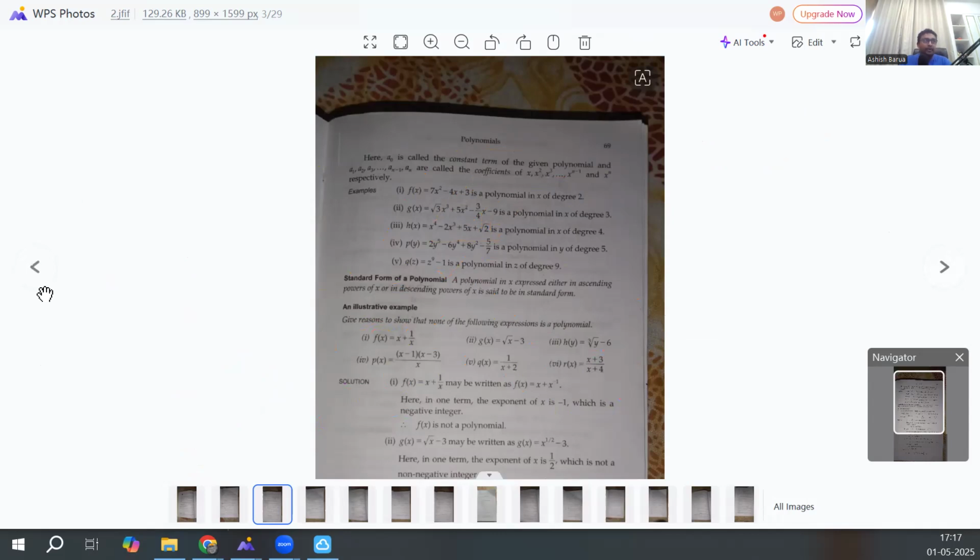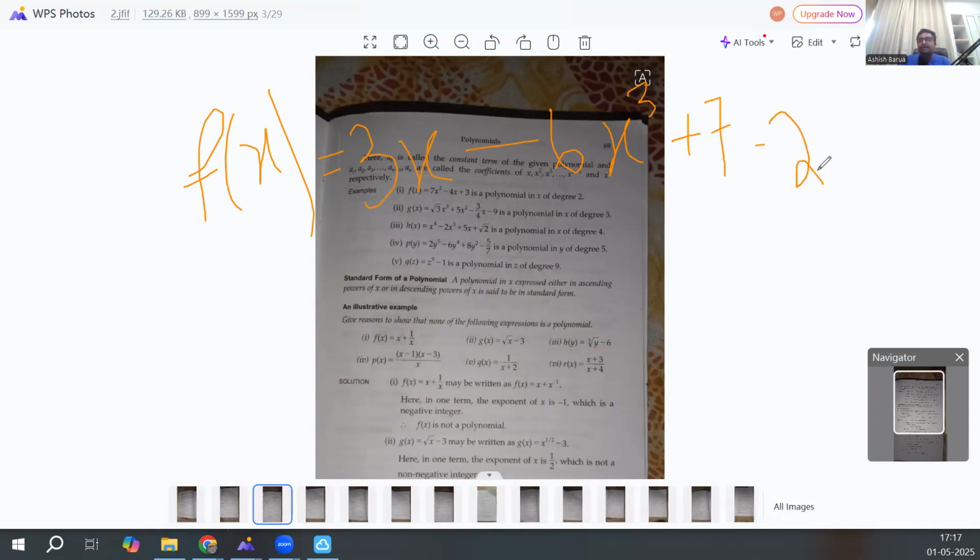Suppose there is a polynomial, we can write, say, f(x) is equal to 3x minus 6x cubed plus 7 minus 2x square.